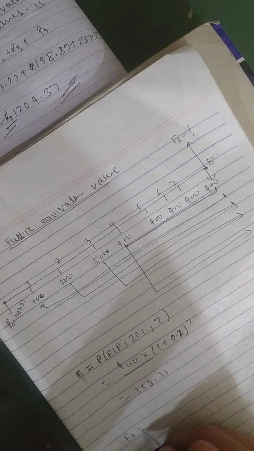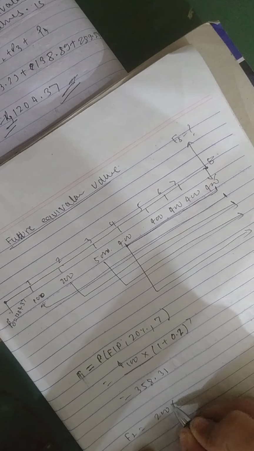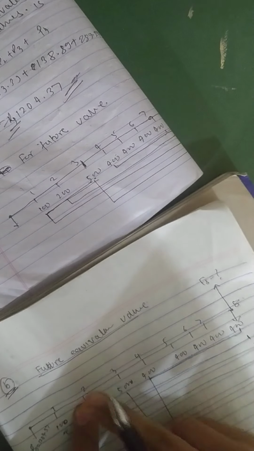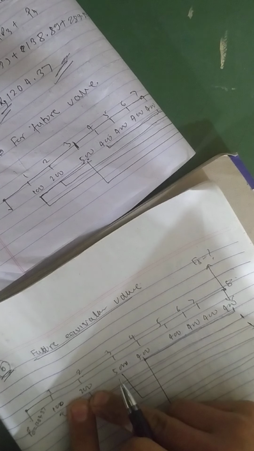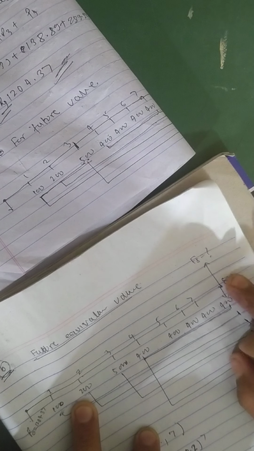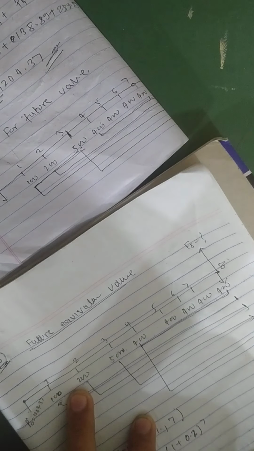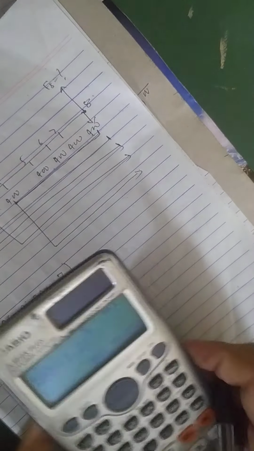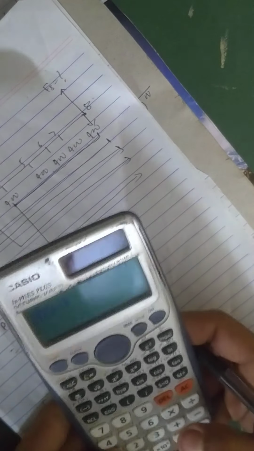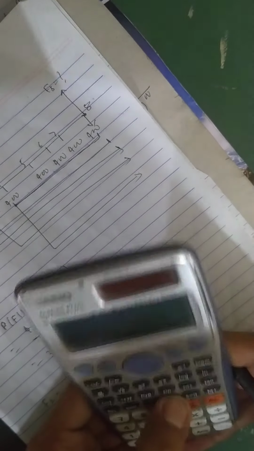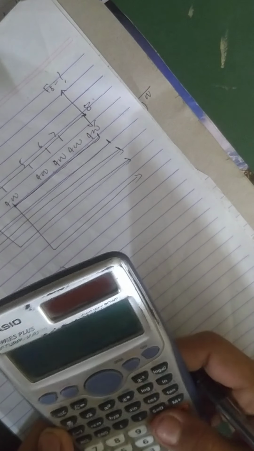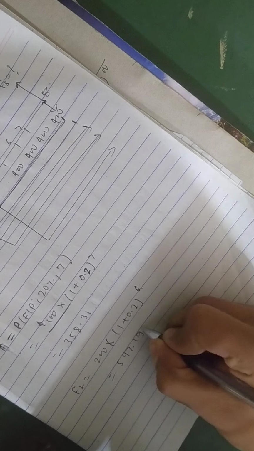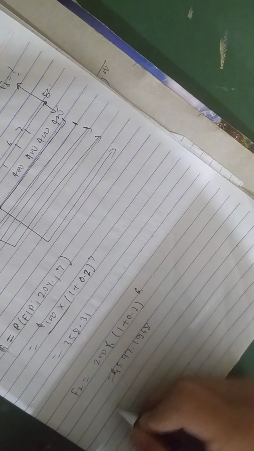So for F2, 200 is given, into 1 plus 0.2 to the power, for the second year. 200 is deposited in the bank. Its future value after 8 years, 8 minus 2, is 6 years, so here you have to apply 6. Now 200 into 1.2 to the power 6 gives 597.1968 rupees.